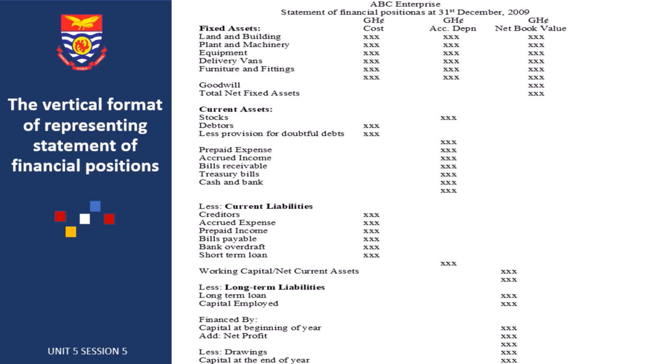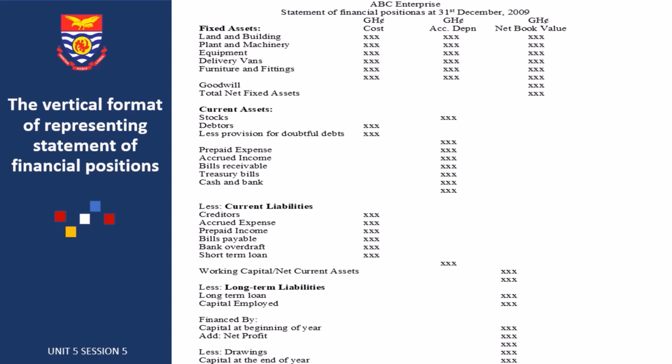Then we can have the current liabilities, which may include trade payables, accrued expenses, prepaid income, bills payable, bank overdraft, short-term loans, among others. And in the long-term liability, we can also have long-term loan. So the total of the current liability and non-current liabilities will be the total liabilities.